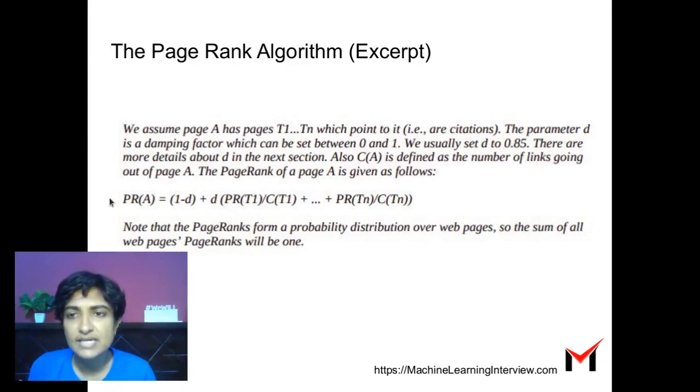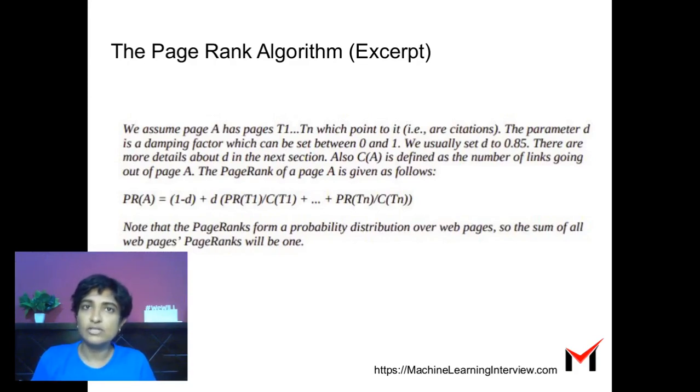So this means that the PageRank of A will have a small damping factor, 1 minus d, plus d times whatever we had earlier: PageRank of all the pages that are linking into it divided by the number of outlinks of that page. So bottom line, this tells us that every page has a small probability of getting hit, irrespective of what links it has, and also depending on the damping factor.